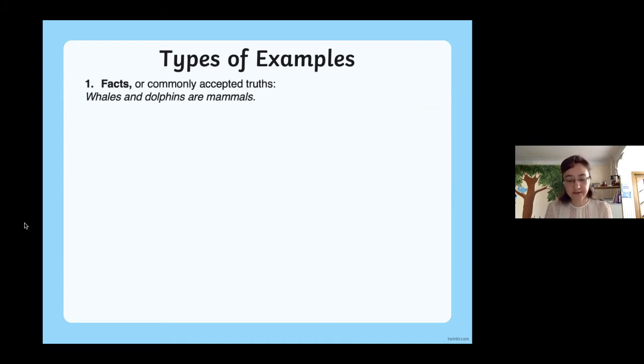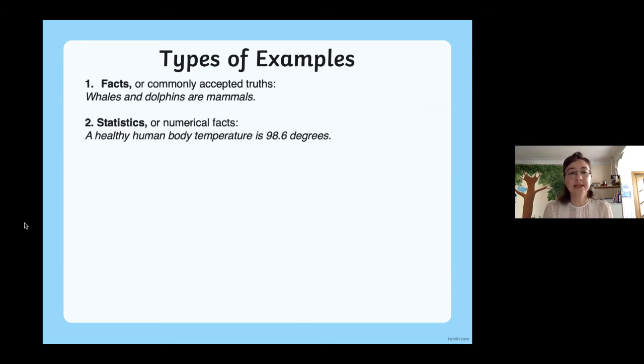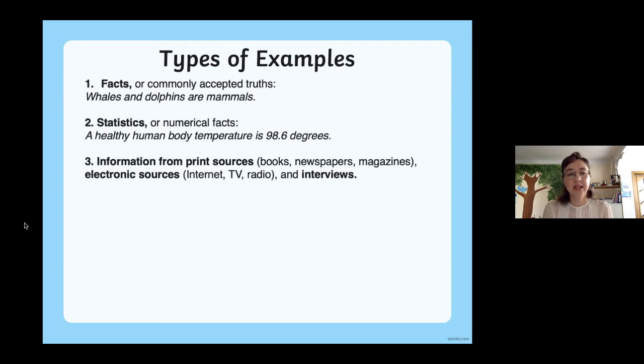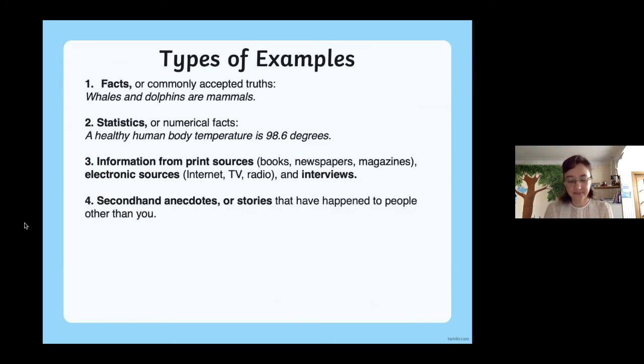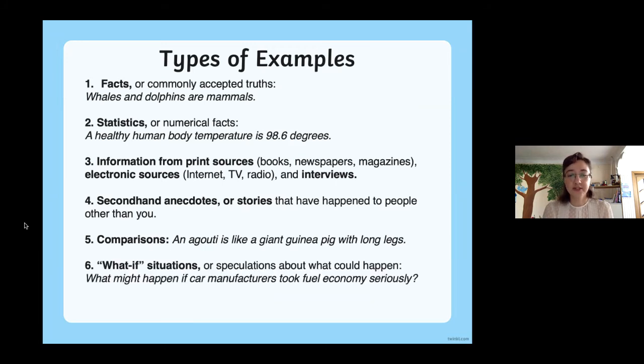They can be either facts, statistics, information from print sources, electronic sources, and interviews, second-hand anecdotes or stories, comparisons, what-if situations, and a dialogue.